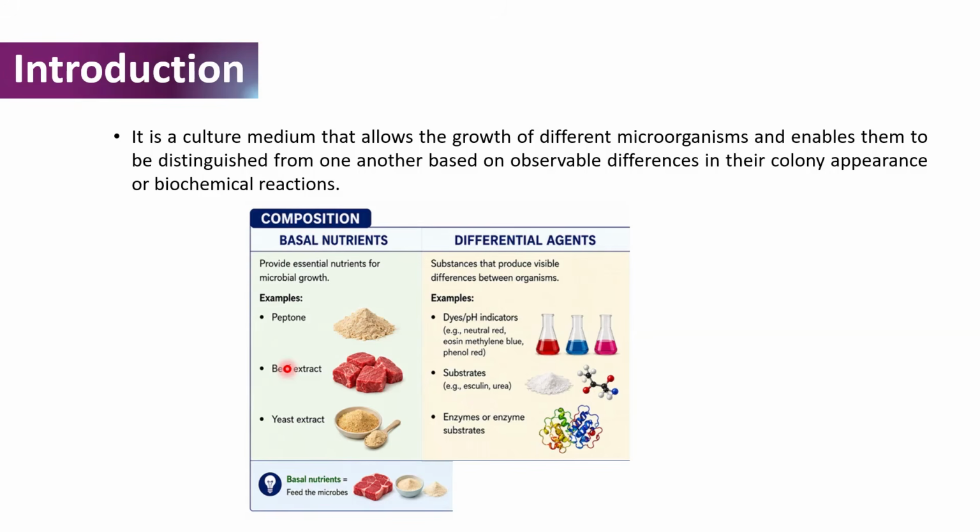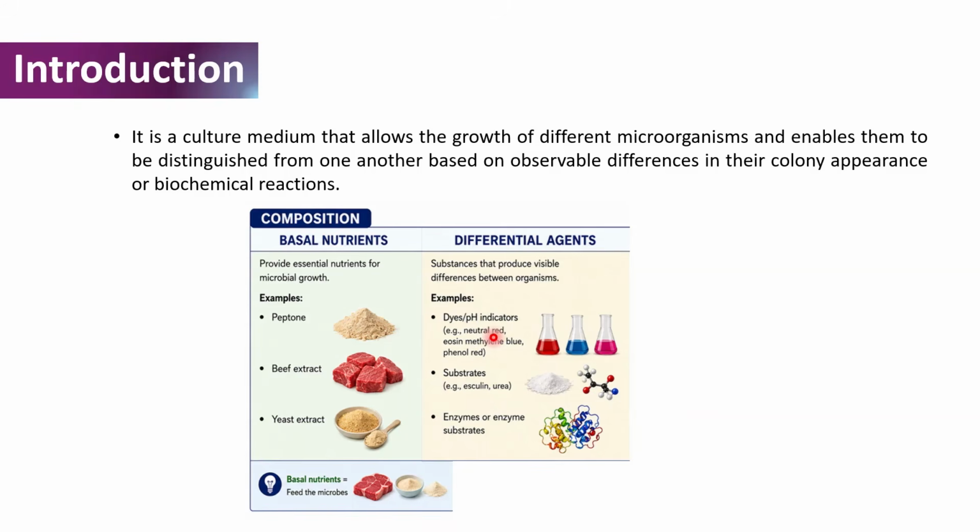The second component are differential agents, and these are substances that produce visible differences between organisms when cultured on this medium. Examples are dyes such as eosin methylene blue that directly stain cell walls, and pH indicators such as neutral red and phenol red, which change color as a result of metabolic byproducts.